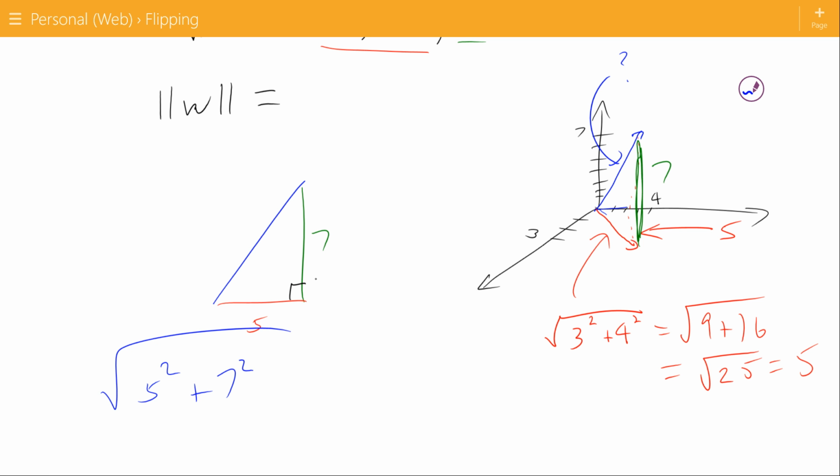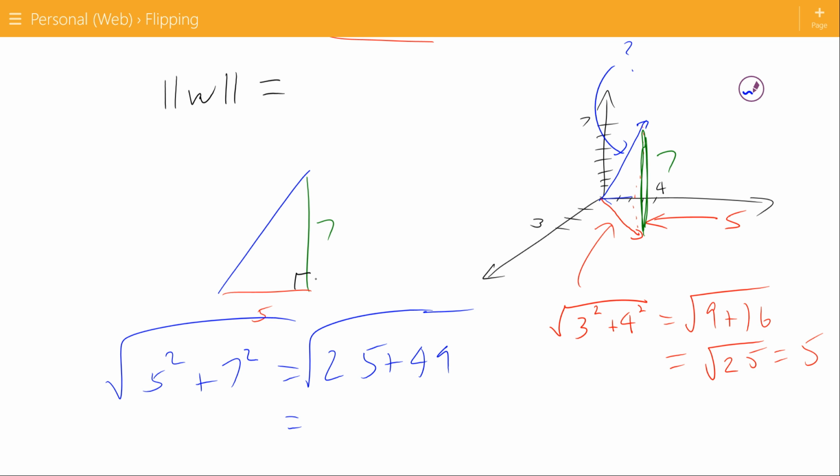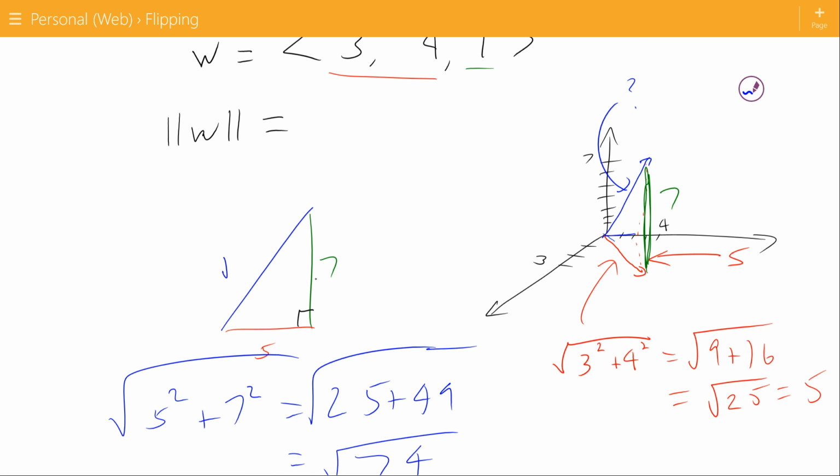Take the square root of that, which would give me the square root of 25 plus 49, which equals the square root of 74. There we go. That's that side.